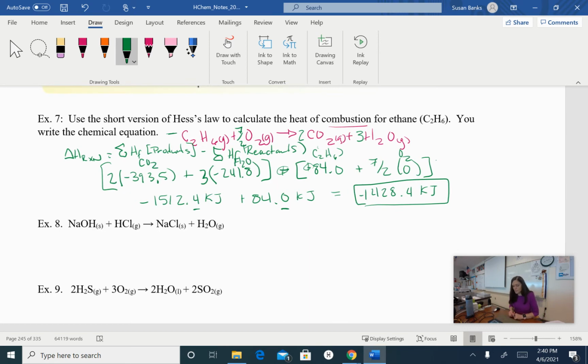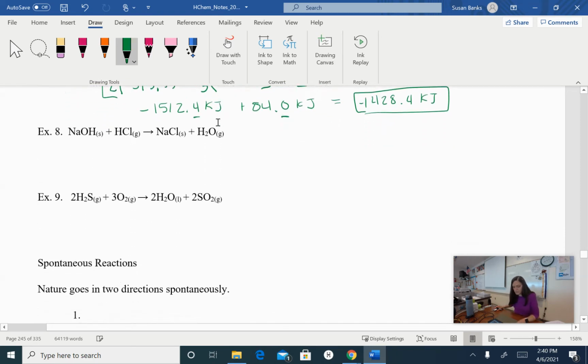Okay, so let's do another reaction this way. So I've got sodium hydroxide, okay? And I'm going to still look at that same table that I have.